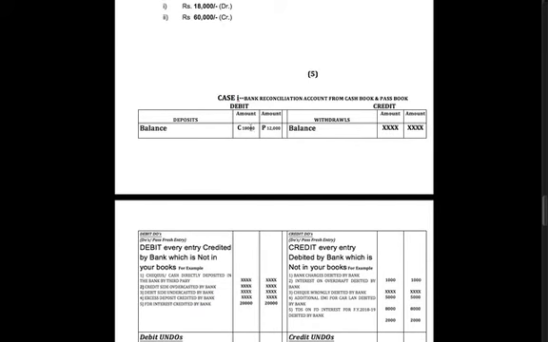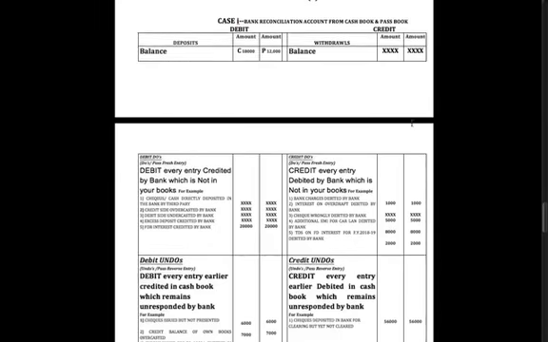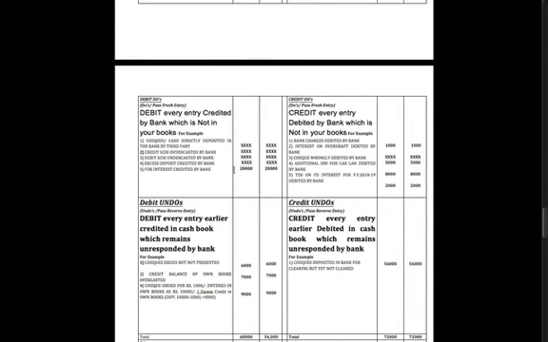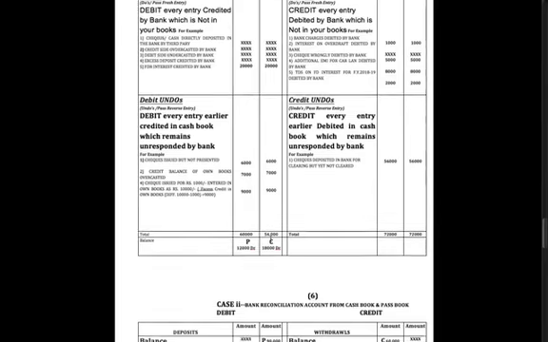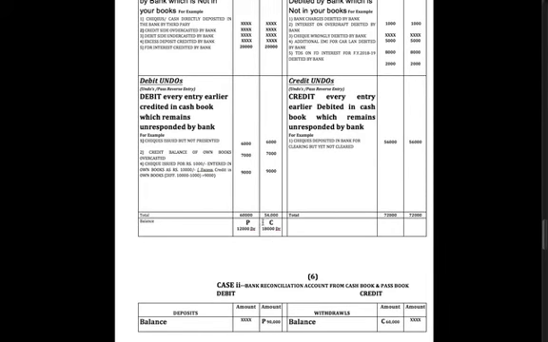So whether the starting point is cash book or passbook, debit or credit, every do will always remain do. Every undo will always remain undo. So you can check what I have written and try to balance it.